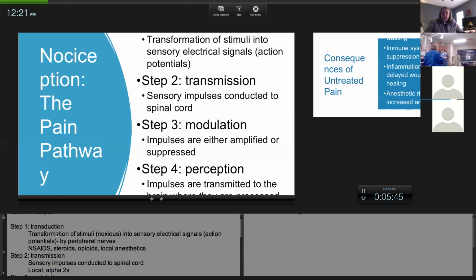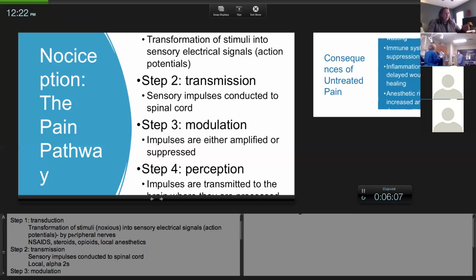You can explain we're trying to treat pain at different pathways. If this is the pathway to pain being recognized, what drugs can interrupt or treat pain at that level? Sometimes you do use one medication, but sometimes we can give multiple medications.